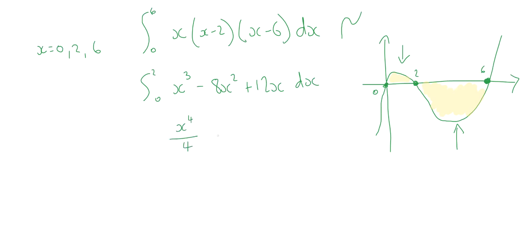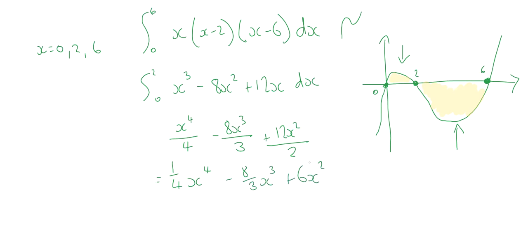Minus 8x cubed, add a power, divide by the new power. 12x squared, divide by the new power. So then this is going to be 1/4 x to the power of 4 minus 8/3 x cubed plus 6x squared. And I'm going to have to put 2 and 0 in that.